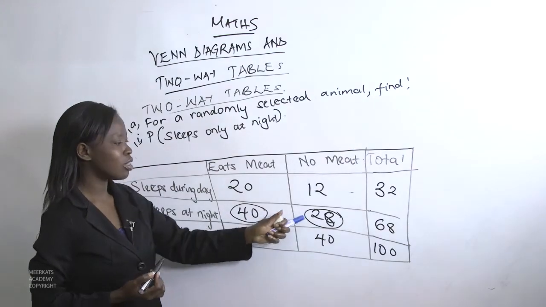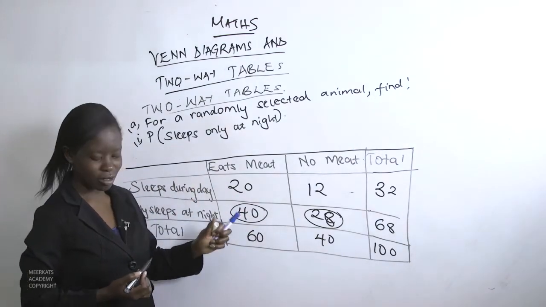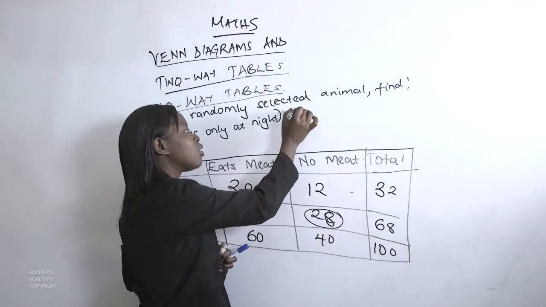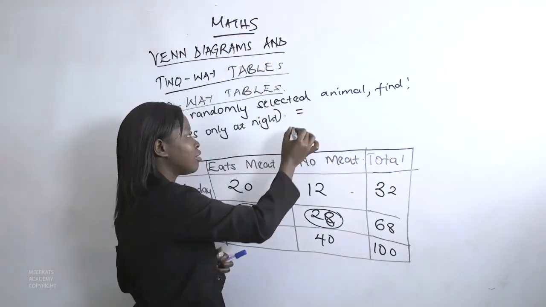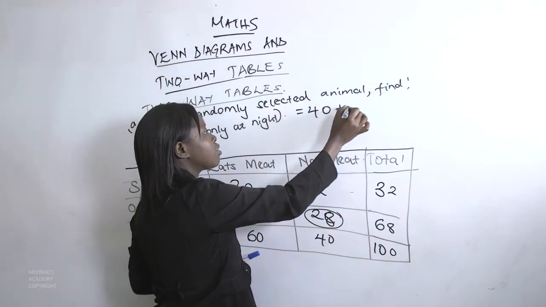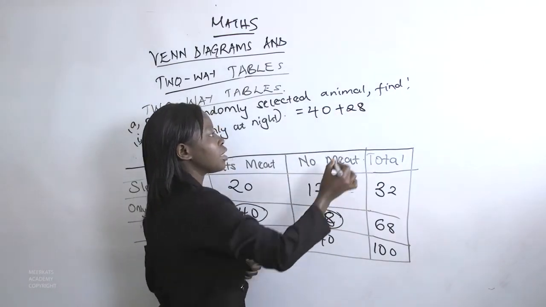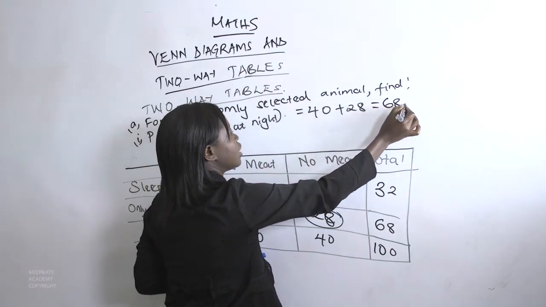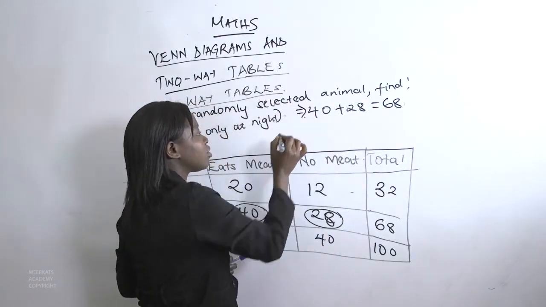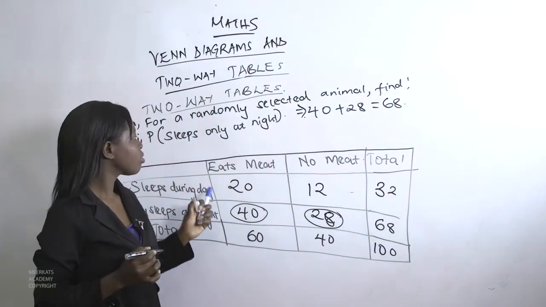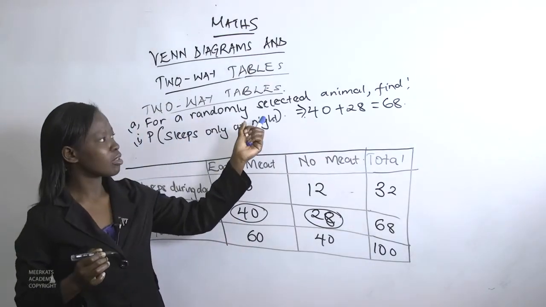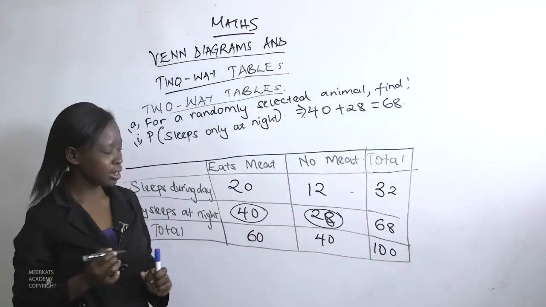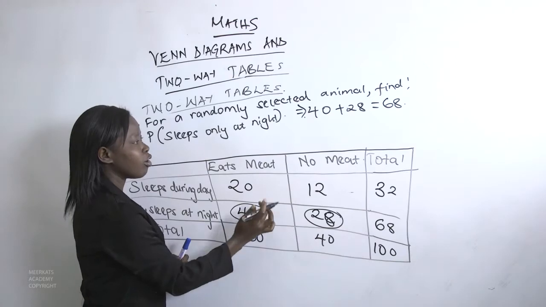So what does it mean? We just need the animals that sleep at night regardless of whatever they are eating. So it means the total of animals that sleep at night is 40 plus 28, and 40 plus 28 gives us 68. So the probability that an animal selected at random from this given zoo sleeps only at night is a total of 68.